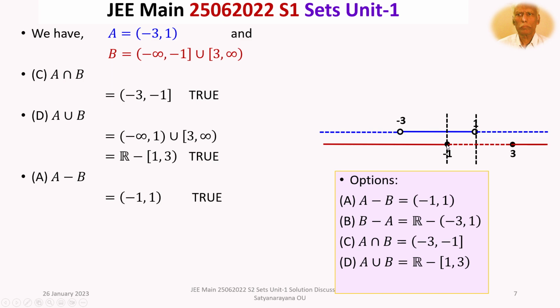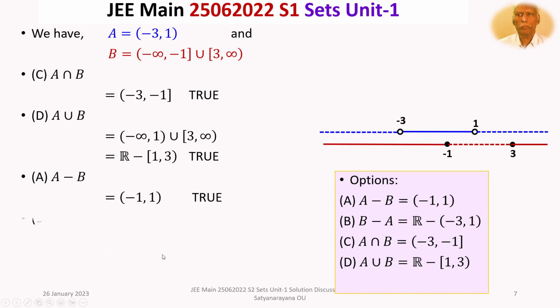Here it is included, so which are not there in B, therefore minus 1 you should not take. Therefore it is the open interval minus 1 to plus 1. Yes, it is given again. It is true. Obviously all these three, A, C, D, are true. Therefore obviously one of the others will be not true. So let's see how it is.